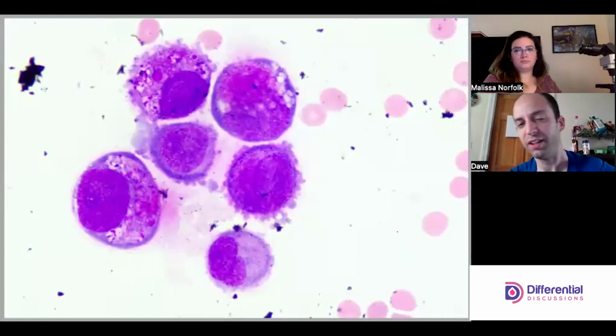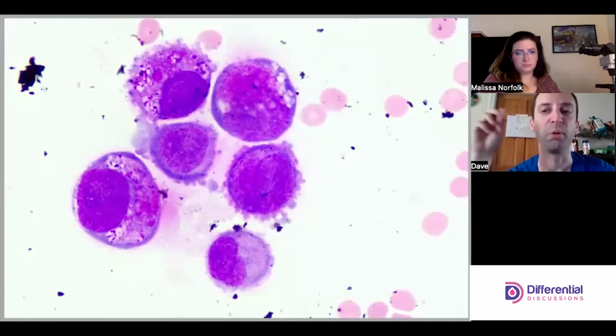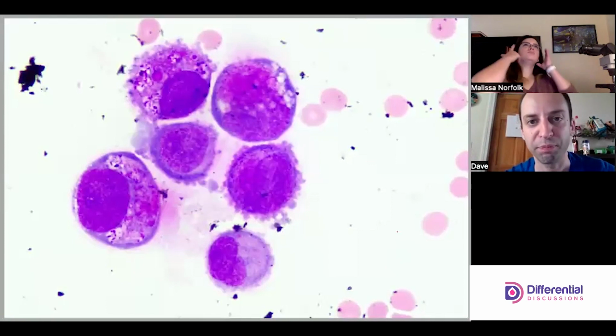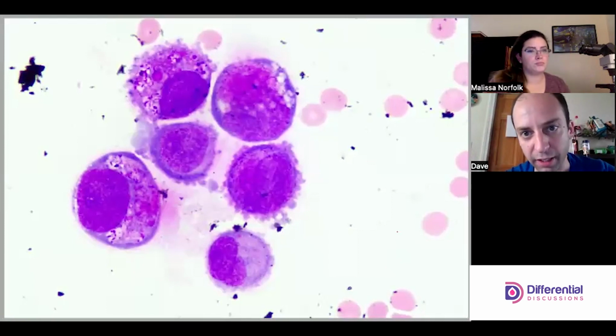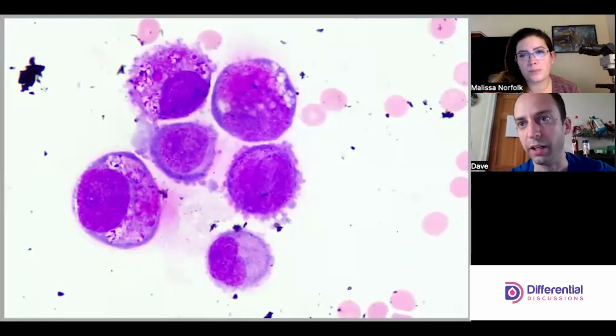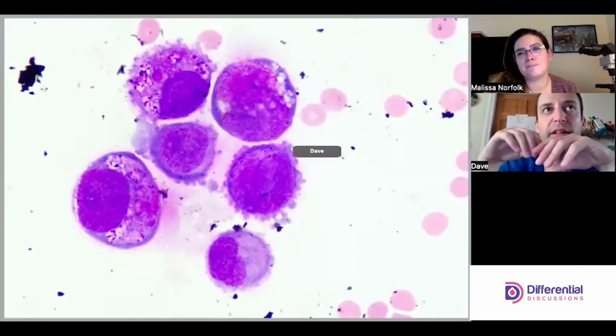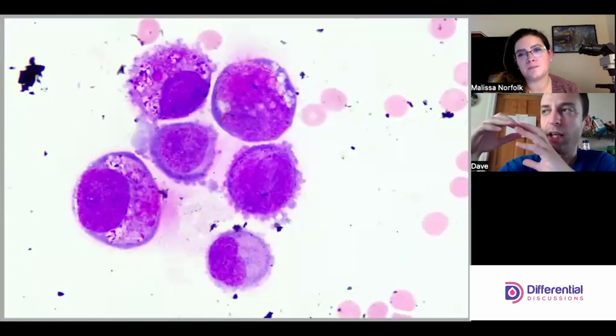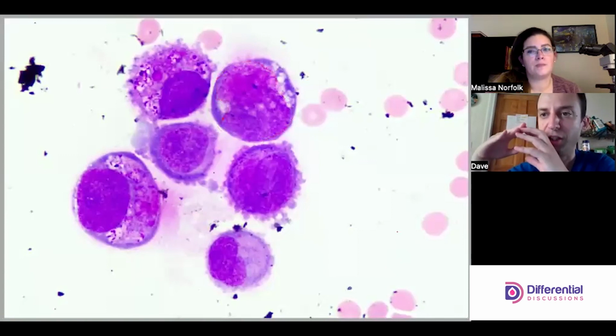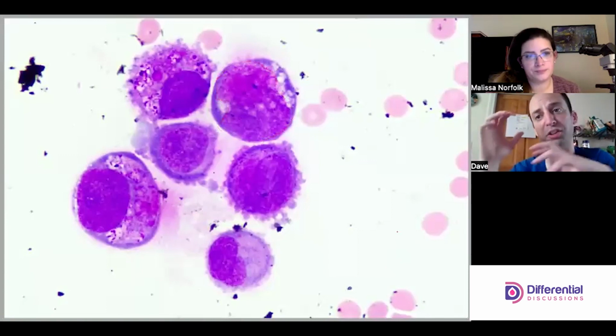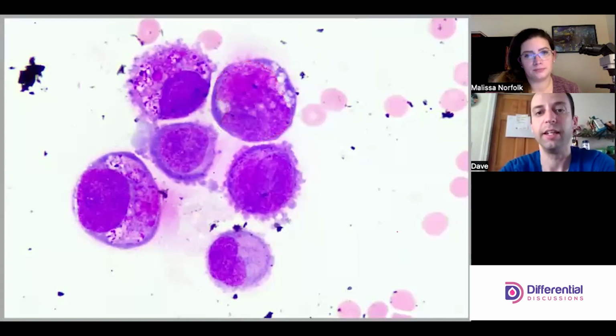But when we look at the contour of the nucleus, something generally abnormal is herniations of the nuclear material through the nuclear membrane. The nuclear membrane usually keeps things nice and tidy inside, and that is not happening in this cell at all.